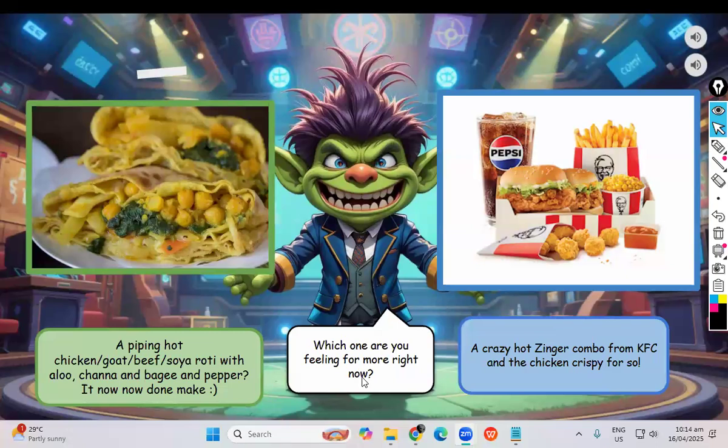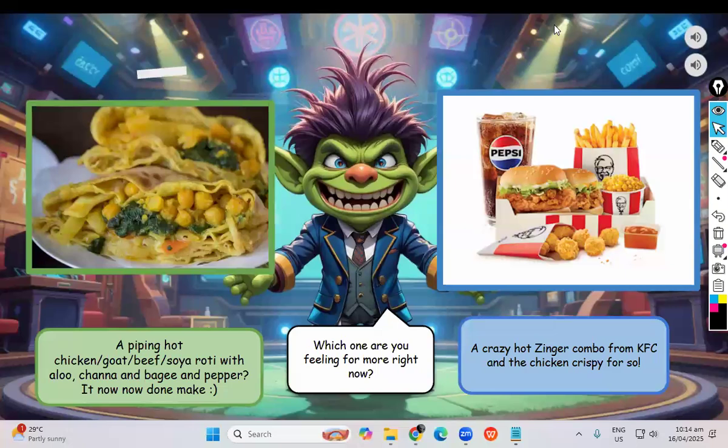This one was really close, guys. Let's share the results. I'm going to end the poll. The more popular vote was KFC, but it didn't win by too much, only by 10 people, 57% versus 43%. I'm personally feeling that roti. That's what I'm feeling right now.